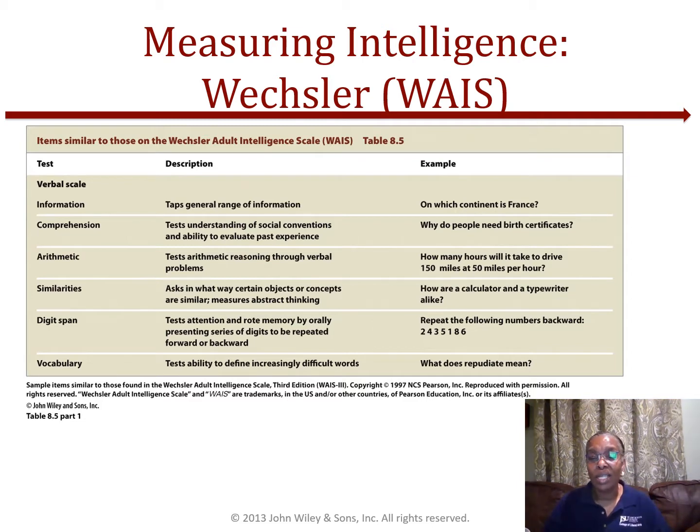This is another test that has gone through many revisions. I believe they're up to the WAIS, the Wechsler Adult Intelligence Scale, and I believe they're up to number 5.